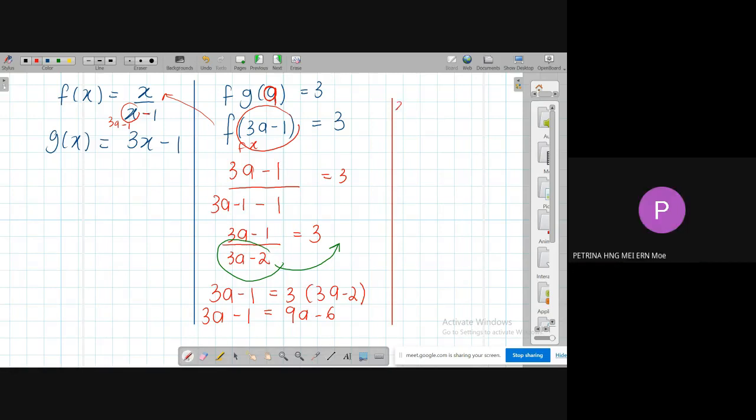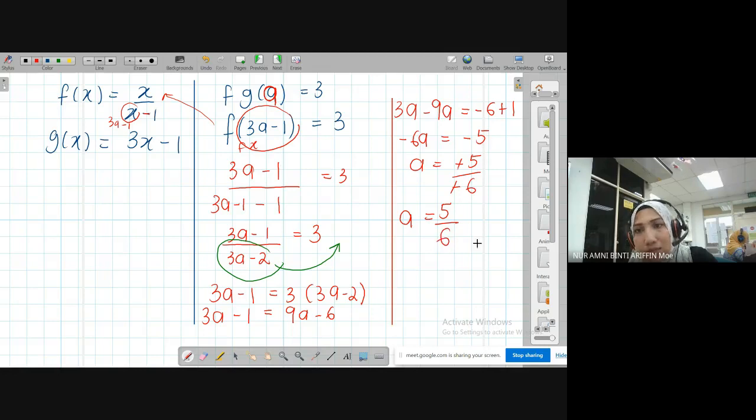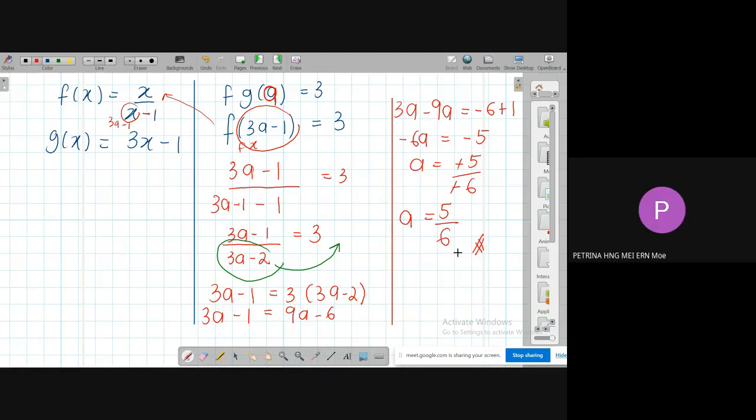So, kita dapat 3A minus 9A equal to negative 6 plus 1. So negative 6A equal to negative 5. So A equal to negative 5 over negative 6. A equal to 5 over 6. Okay. Nombor salah, but almost correct.